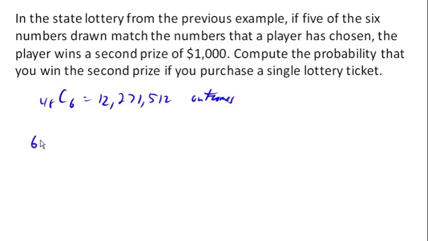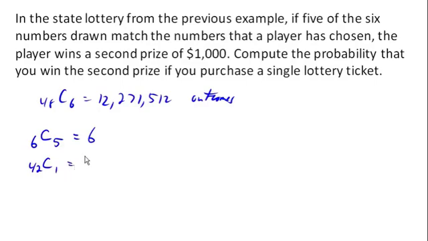So how many different ways can we pick 5 matching numbers out of our 6? That would be 6 choose 5, which is 6. We also have to consider how many different ways we could not pick the last number. From the 42 non-winning numbers, we need to pick one of them to be on our card, so that is 42.